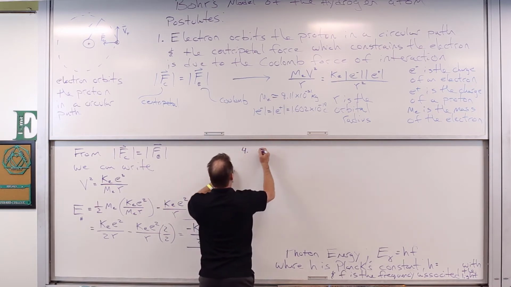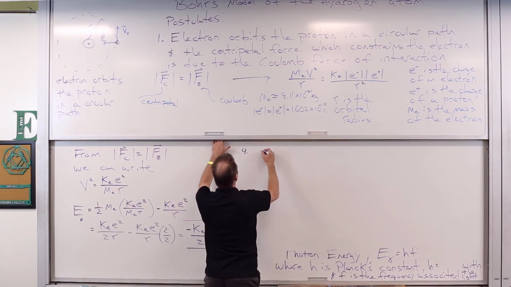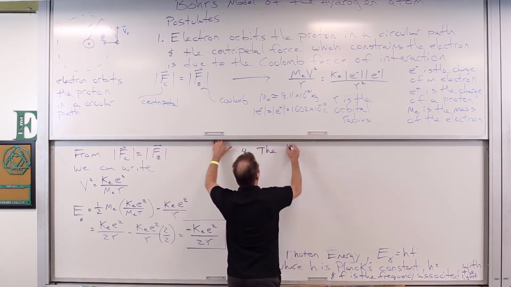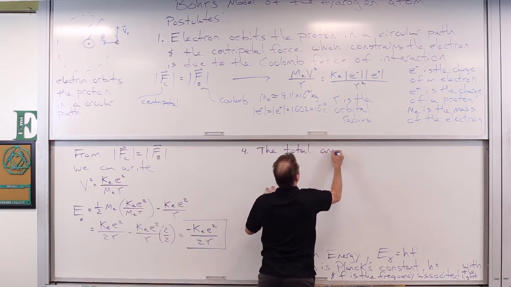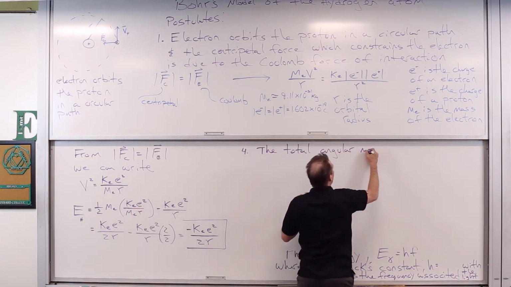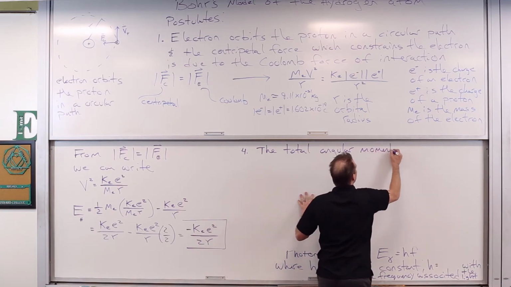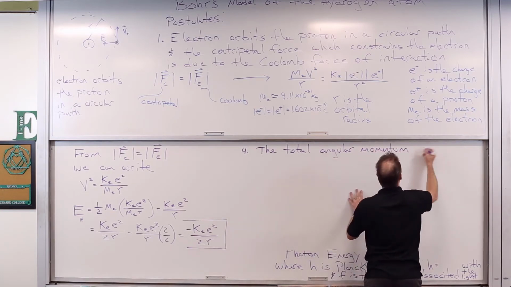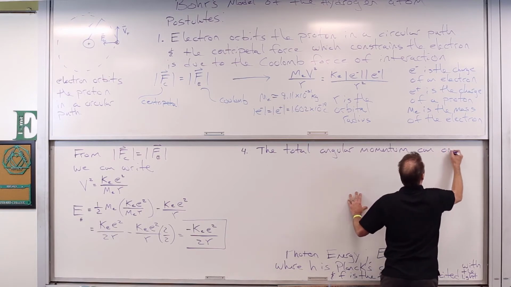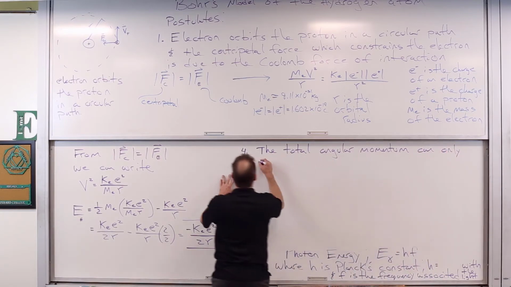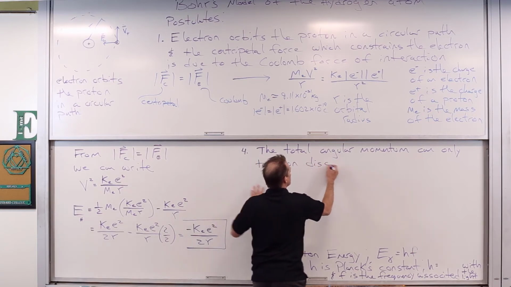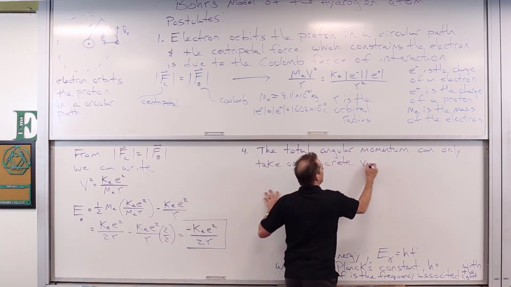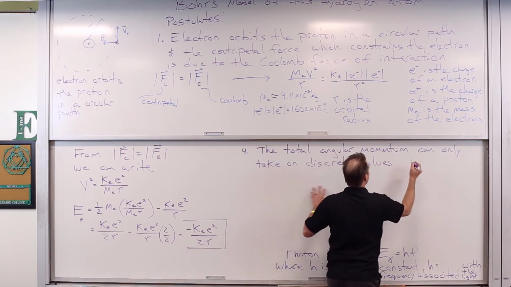Anyways, 4, we say that the total angular momentum can only take on discrete values.